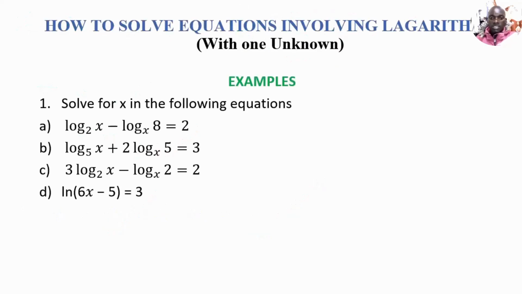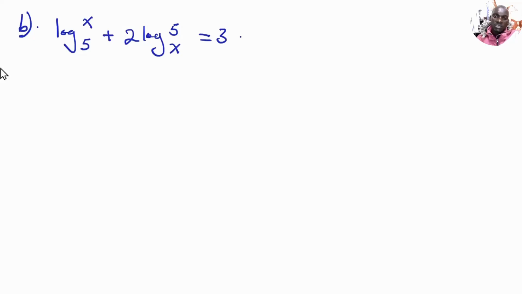As you can see in part B, they have given us the log of x base 5 plus 2 log 5 base x equal to 3. The same thing, let us make all the logarithms be in the same base, and let us convert all the logarithms to base 5.